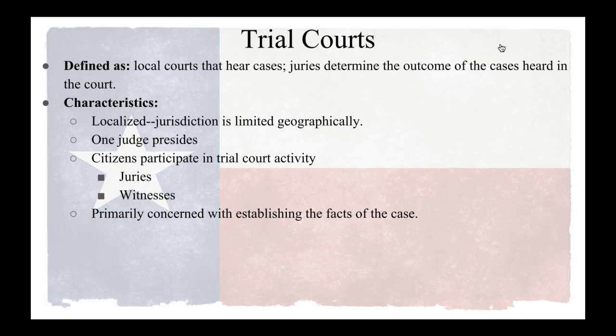The appellate court simply ensures that the lower court did things properly, that nothing was out of line, and that the person got a fair and free trial. The trial court establishes the facts of the case. They also announce their decisions immediately after the case, which is not always the case in the appellate court and the Supreme Court system. Those announce their decisions a little bit later.